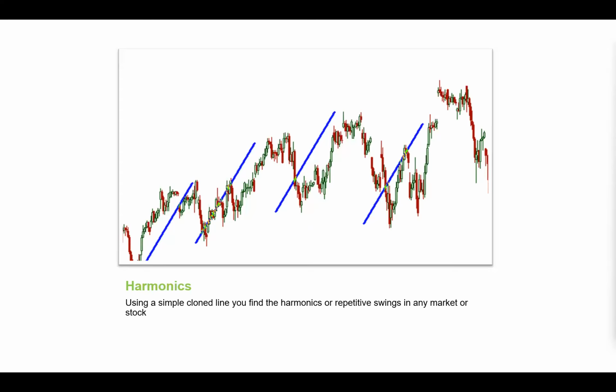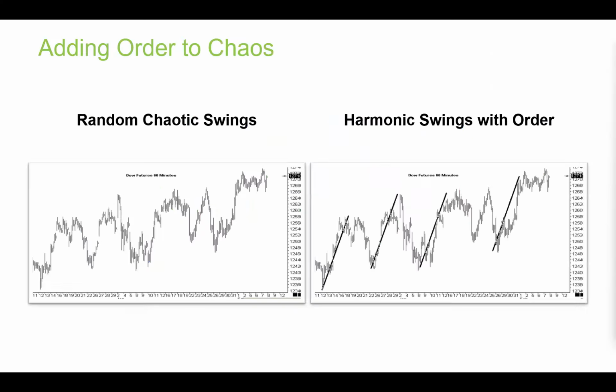And these are what form just about any classical chart pattern, not just the ones I'm going to show you, but any chart pattern is formed by some type of harmonic vibrations in the market. Again, we have sort of a random look over here on the left, and then we can add some order to that.